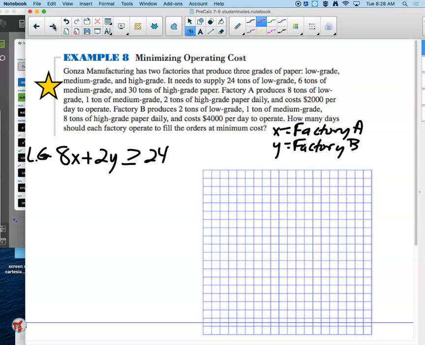Changing colors. Needs to supply 24 tons of low grade, 6 tons of medium grade. Again, 6 tons would be perfect, but they're probably going to end up with a little more than that. So let's go to medium grade. Factory A, 1 ton of medium grade. Factory B, 1 ton of medium grade. So that was the MG.